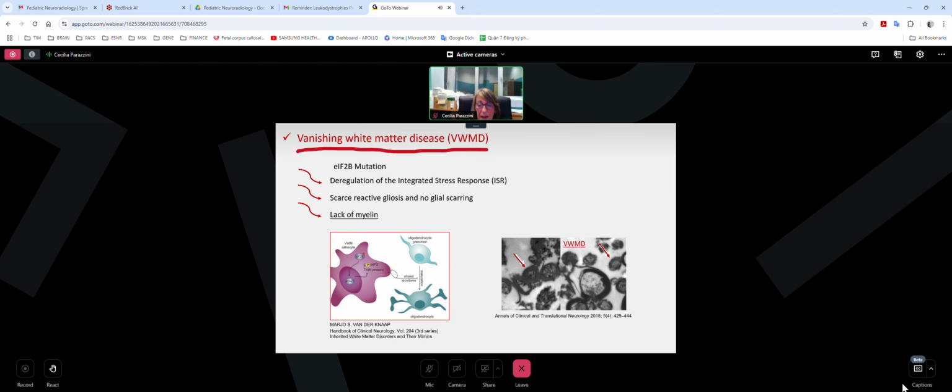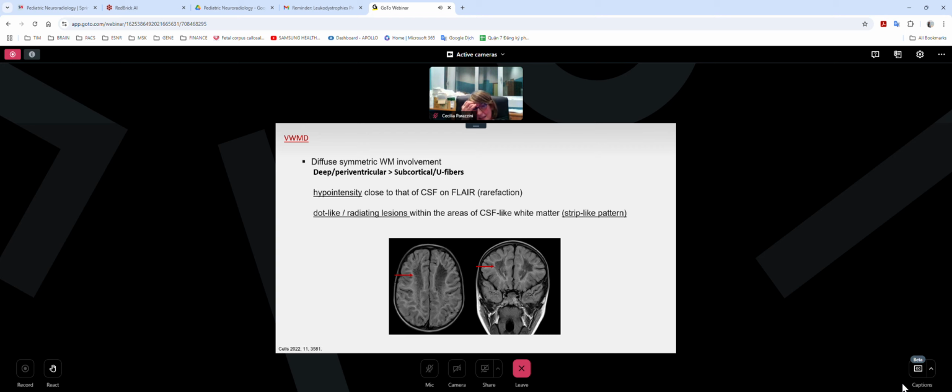So the results are scarce reactive gliosis, no glial scarring, and lack of myelin, because altered astrocytes produce an altered secretome that has a negative effect on maturation and function of oligodendrocytes. And this is a beautiful picture in which the myelin sheath around an axon is thinner in a patient with respect to a normal control.